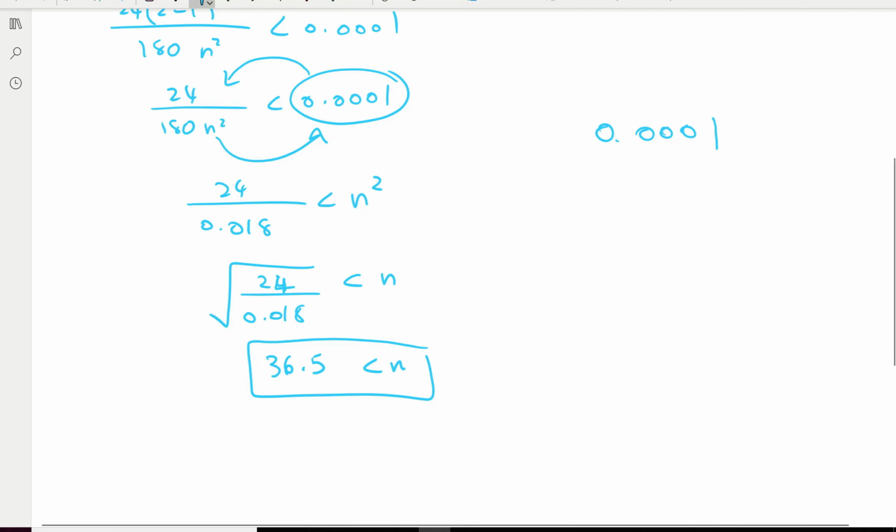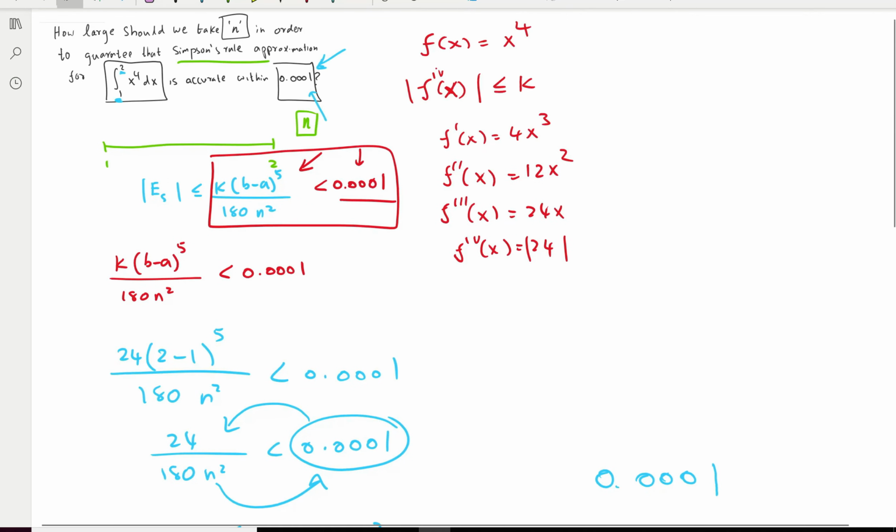Now n has to be an integer, right? The number of subintervals cannot be a decimal. So the next integer is 37. Because n has to be greater than 36.5, but 37 doesn't work here, because Simpson's rule says n has to be even.